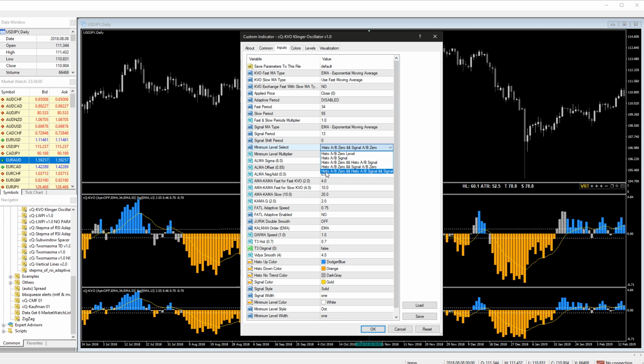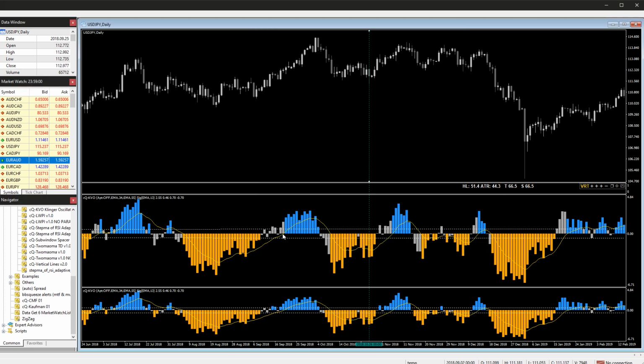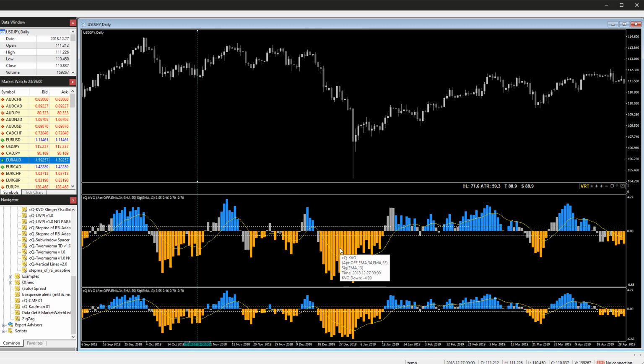And then the last one is the histogram above or below the 0 level and the histogram above or below the signal level, and the signal is above or below the 0 level. So it's just a little more selective. So that's what these are.